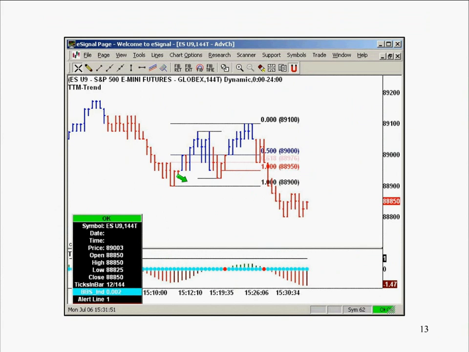But if you took the secondary entry, it would have been a little bit less risk also, but again, you would have been stopped out. But at least you know what your risk is when you have one of these entries. This is also a case for taking the secondary entry because there's typically less risk involved.